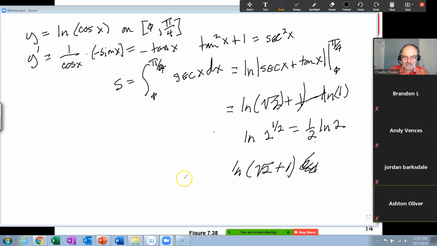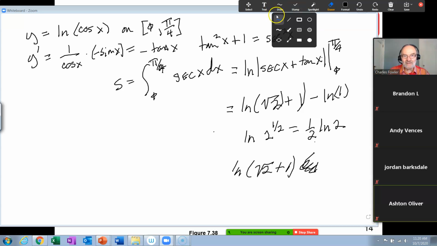Let me see if I can clean up my mess here. It's the log of this minus the log when you put 0 in there. I left off my log here. And when you put 0 in here, let me get rid of my eraser, or else when I touch the screen I'm going to erase something.